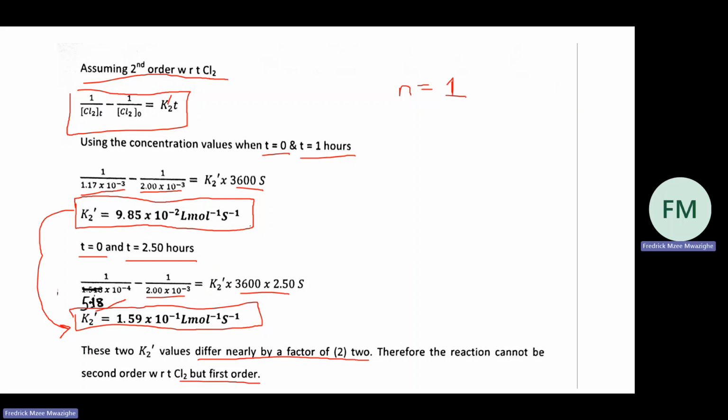So now we need to find the order of the reaction with respect to NO. That was the purpose of the second experiment. The data that we got for the second experiment would apply in this case.